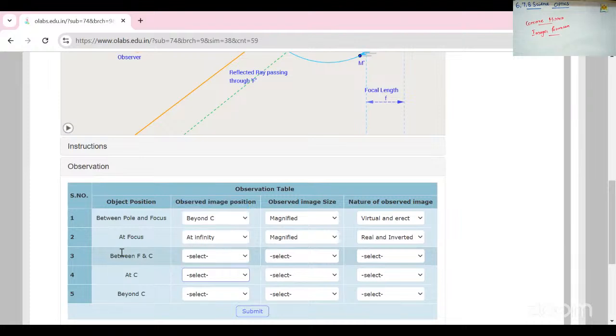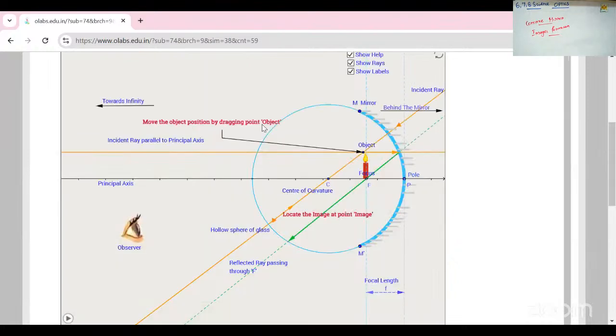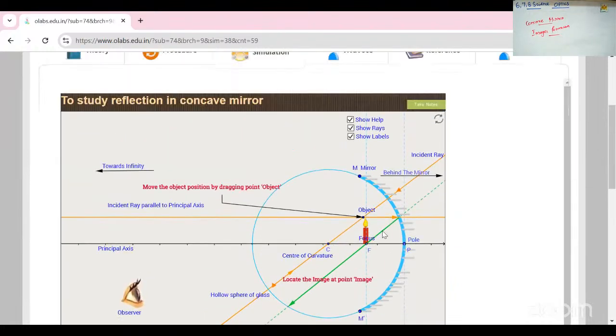And then the third one is between F and C. Between F and C means we want to move the candle between F and C. Wow, the image is reversed.